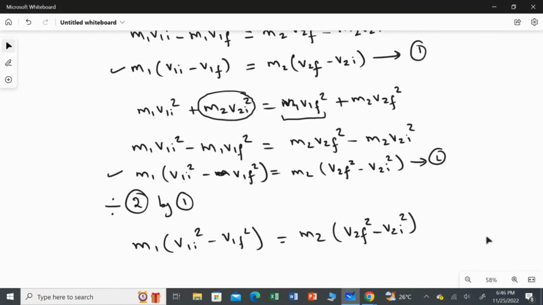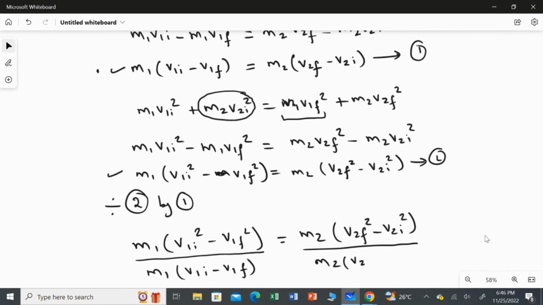We have to divide this equation by the first equation, which is this one. So the left hand side is m1 times v1 initial minus v1 final, and the right hand side is m2 times v2 final minus v2 initial.